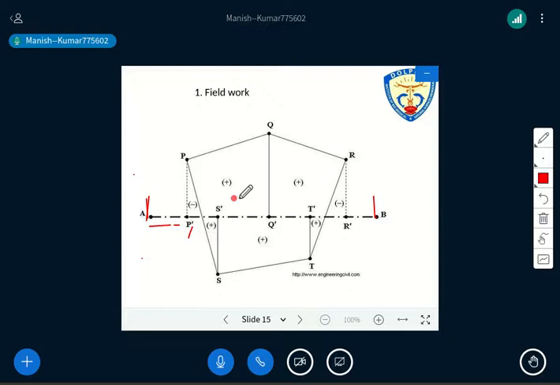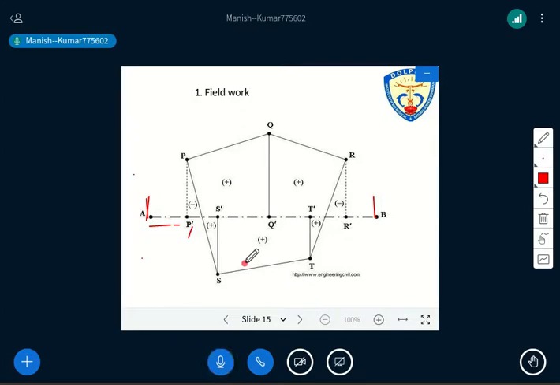So after conducting all this exercise, you have to write all the observations in the field book immediately. Is it clear? Then you have to measure all these distances, PP dash, AP dash, similarly PS, all these measurements have to be taken here.